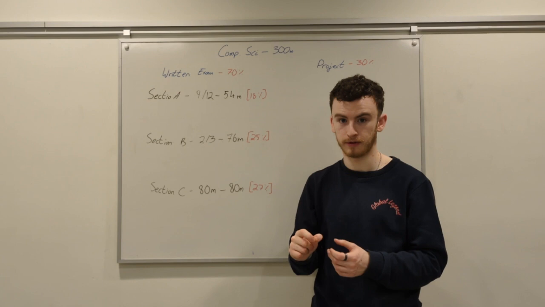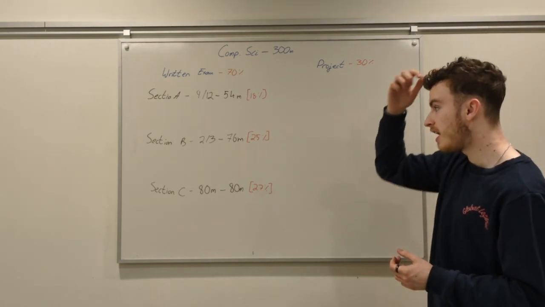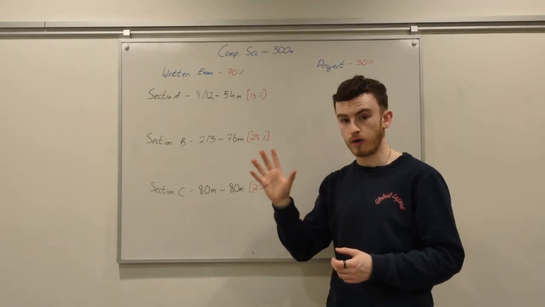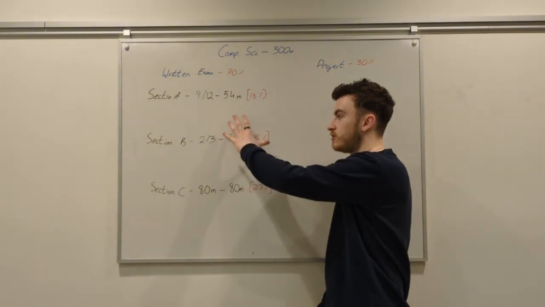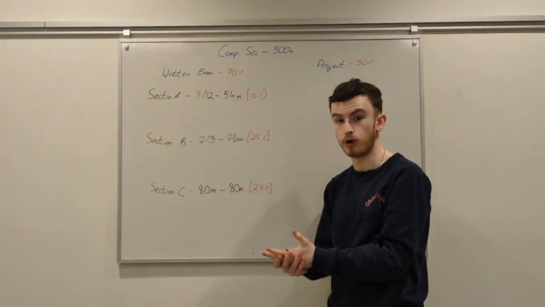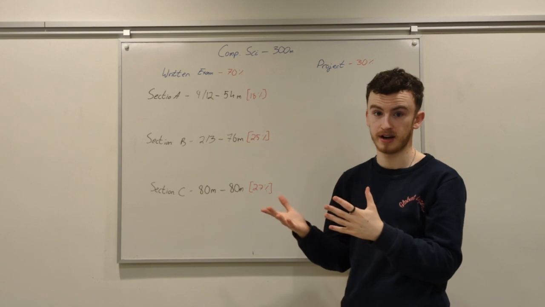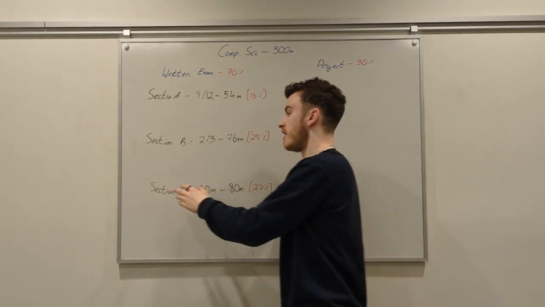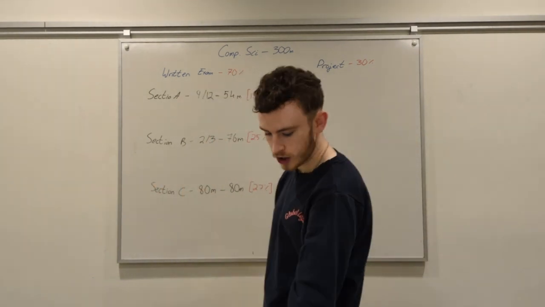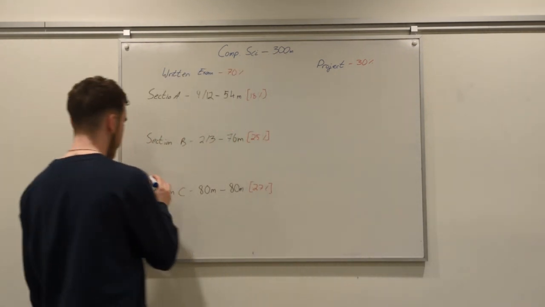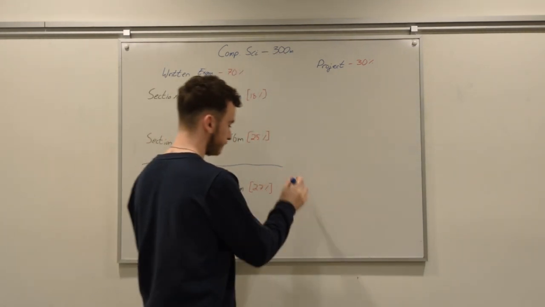It's pen on paper, right? After that hour and a half is over, your answer booklet will be taken off you and submitted essentially, right? And then in between those 2 and section C, you get a half an hour break.